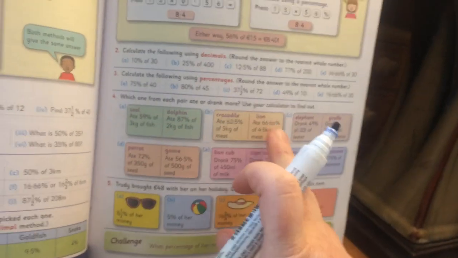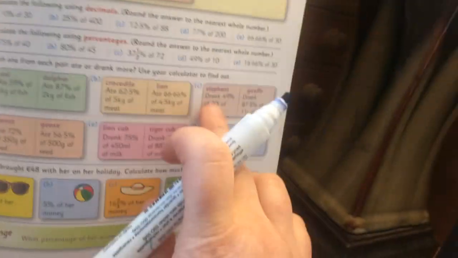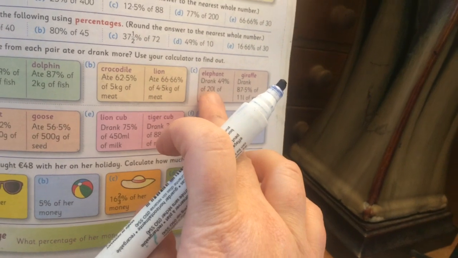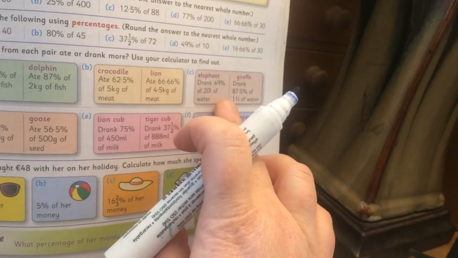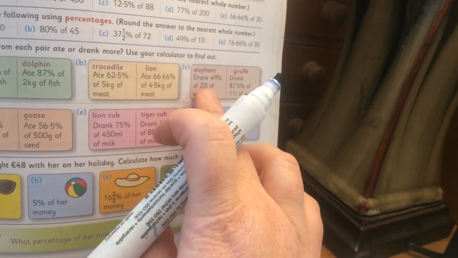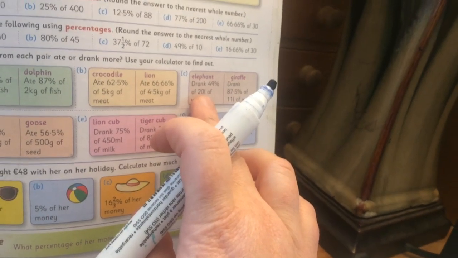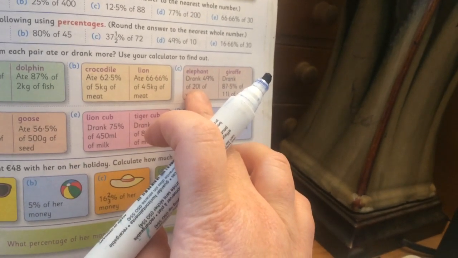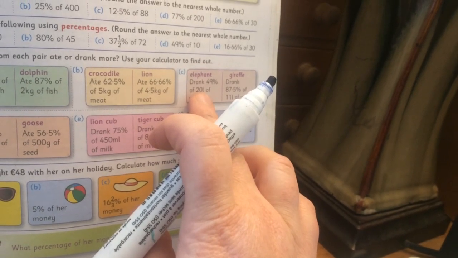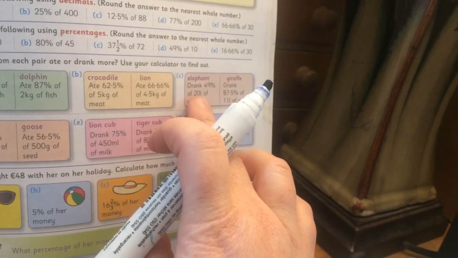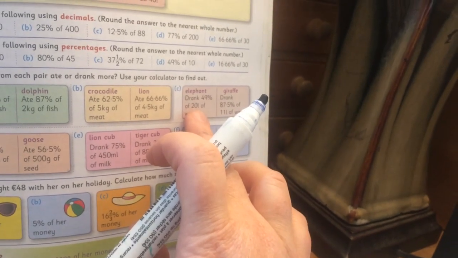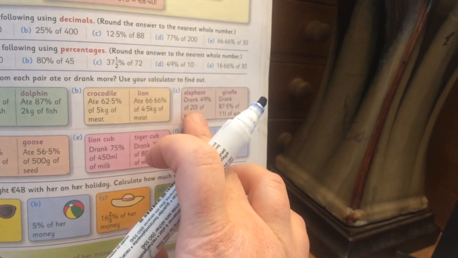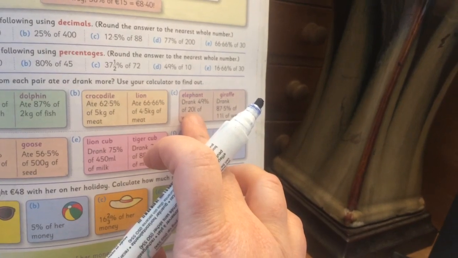Okay, guys, I'm going to let you work those out yourselves. Now, just remember, 20 litres, 11 litres. You could leave it as litres or you can change it to millilitres. I'd probably change it to millilitres. 20 litres would be how many millilitres? There's 1,000 millilitres in a litre, so there would be 20,000 millilitres.